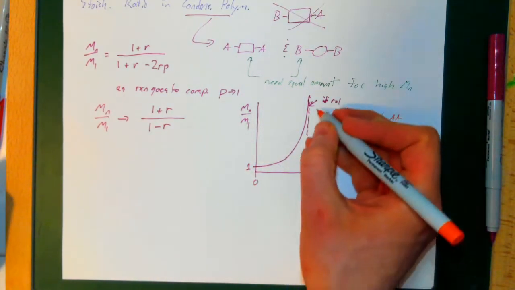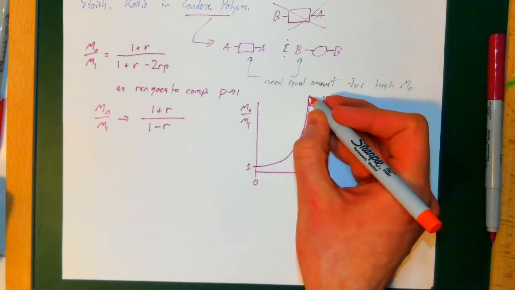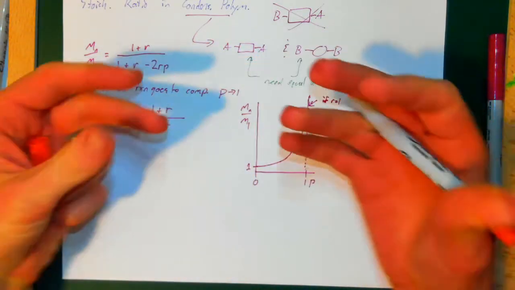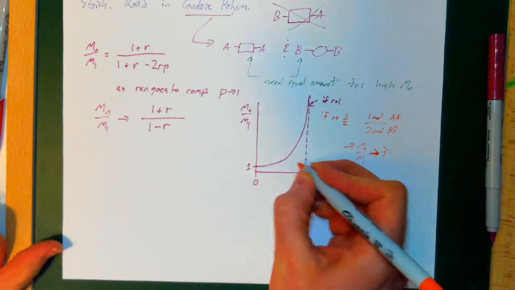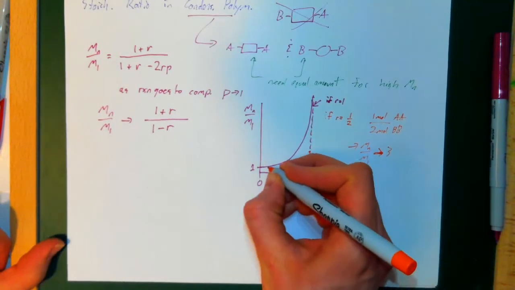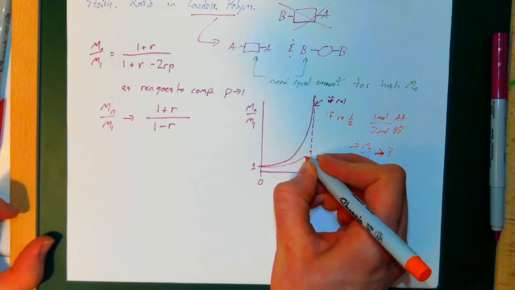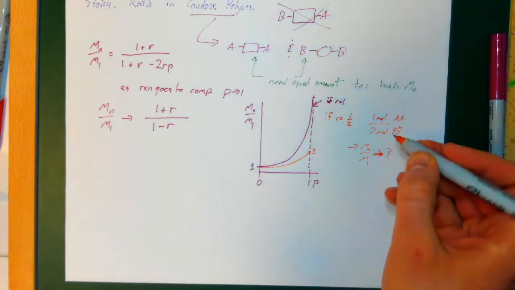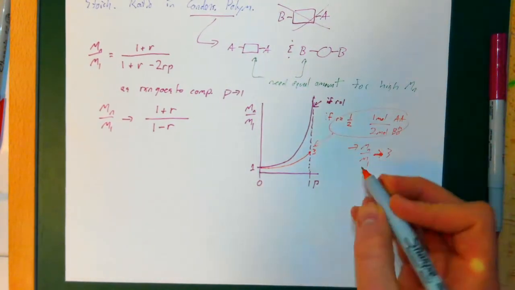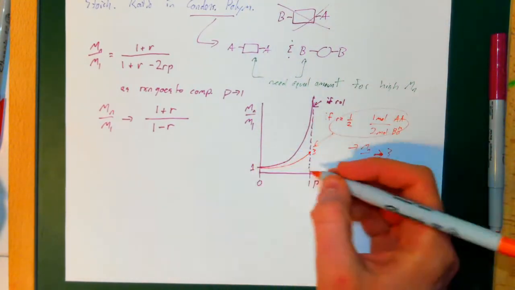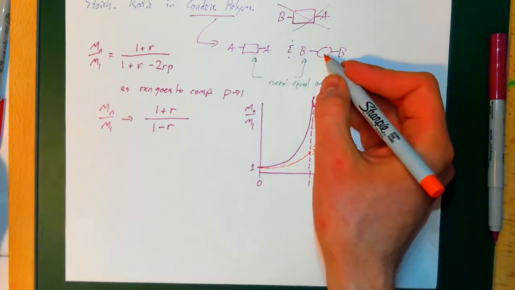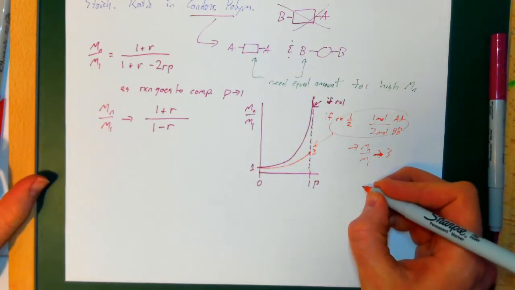So what does this mean? Instead of getting a near infinite molecular weight, i.e. very long chains that we would want for good mechanical properties, it just goes to 3. So we get something that looks like that, 3 right here in this scenario. So what does that mean? Well, that basically means we have a polymer chain that looks like this.